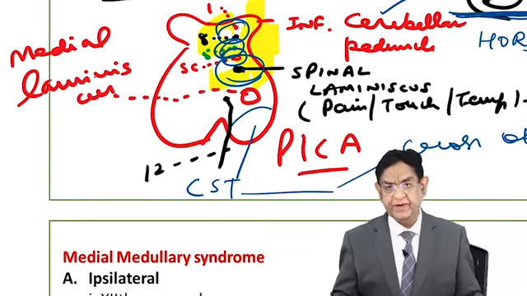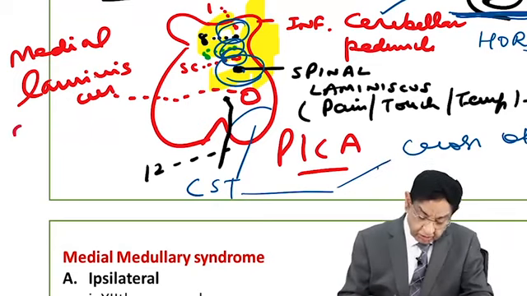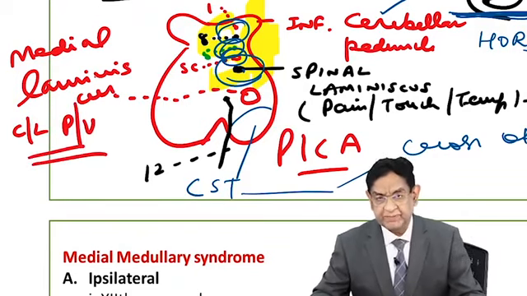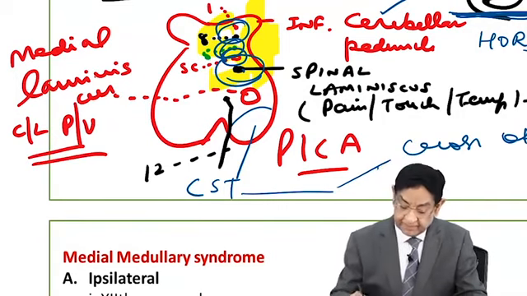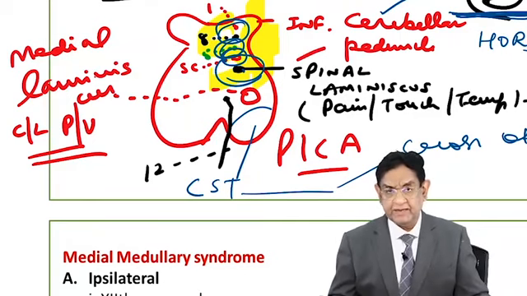Again, a basic concept about medial lemniscus. It contains contralateral position and vibration sense. P for position, V for vibration sense. The contralateral body. Remember, we have a spinal lemniscus which contains contralateral pain, touch and temperature.